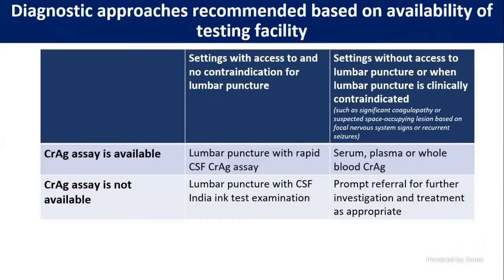And of course, if you don't have CRAG, then the best in such a situation would be to refer the patient to a higher center where probably one of these other investigations is available, so that the patient gets the best standard of care, in case you're not able to do a lumbar puncture and you don't have facilities for a serum CRAG. Next.